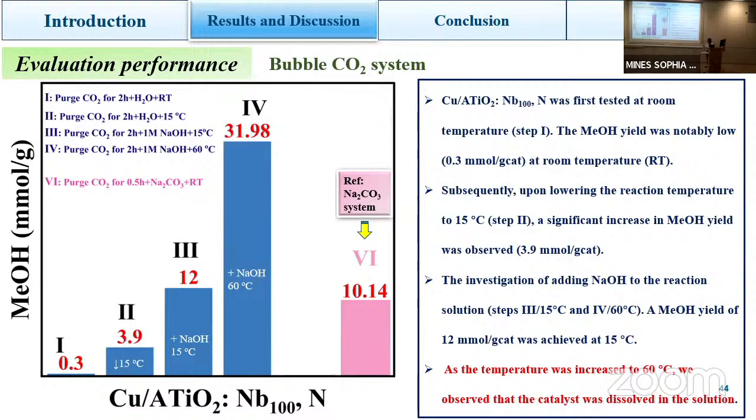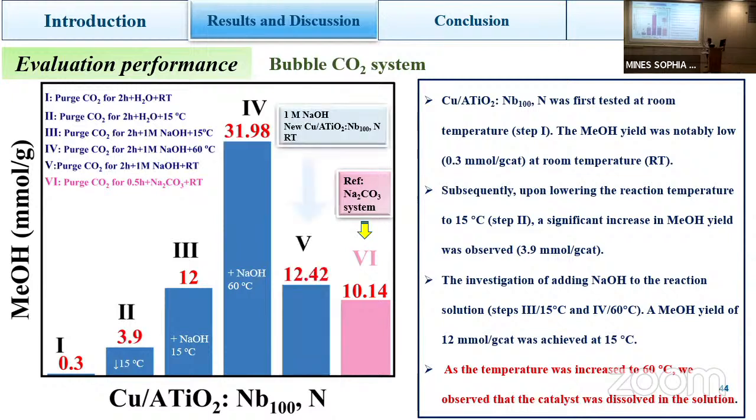In my case, it's really low temperature, only 60 degrees, and it already happened at atmospheric pressure. There's no added pressure here, but it also dissolved. So it's an interesting, special finding. But anyway, the catalyst was dissolved, so this result is not reliable.